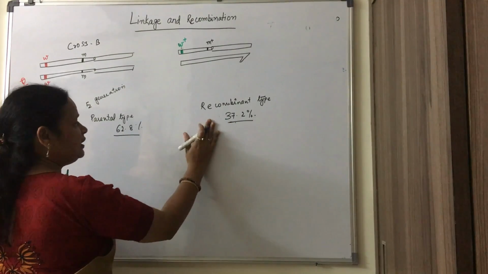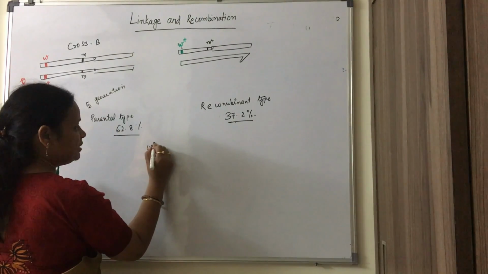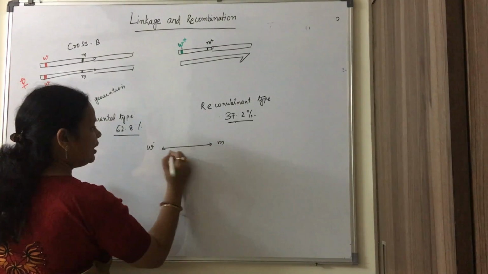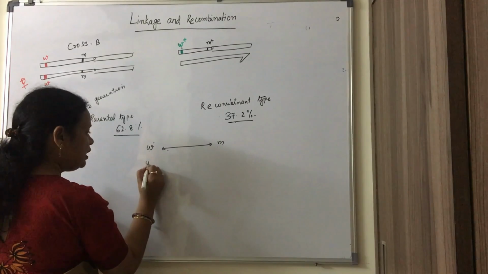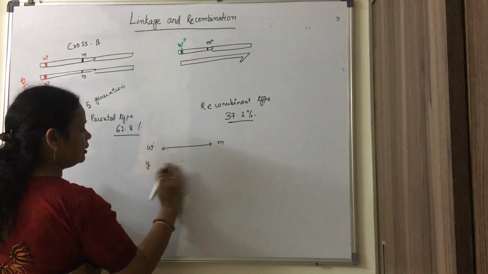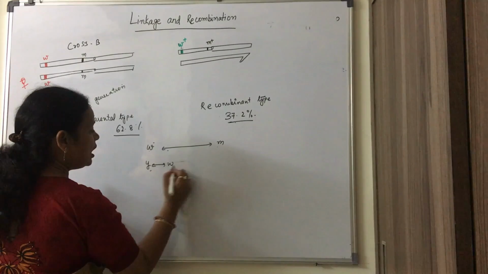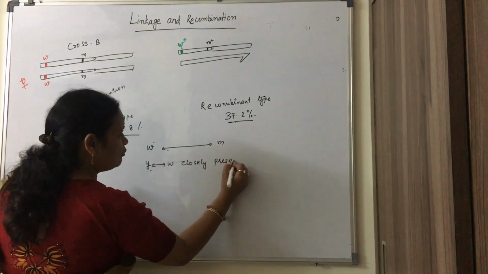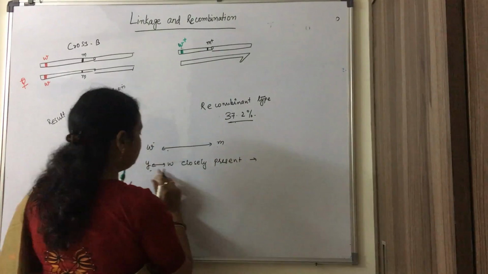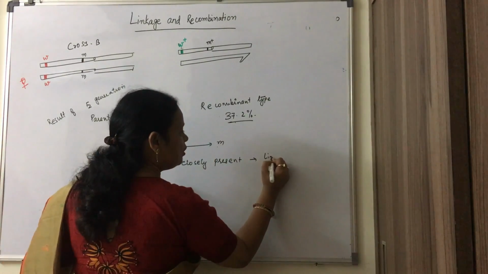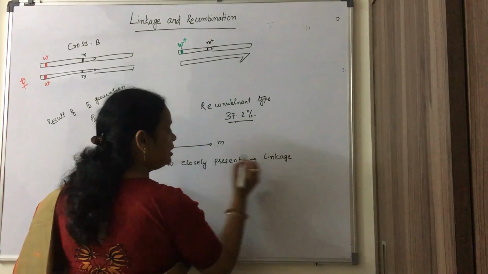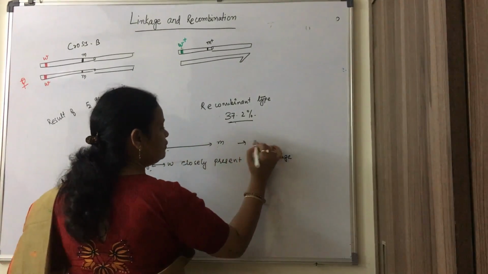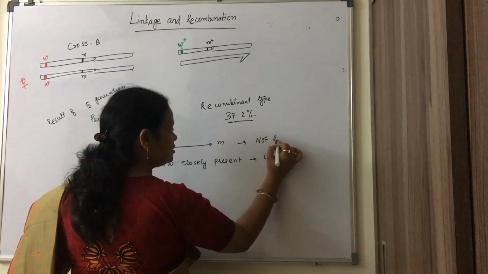This difference itself indicates that the distance between W and M is quite far, while Y and W are closely present. So when genes are closely present with respect to each other, we call this linkage. While these genes are distantly present, so we call them not linked genes.